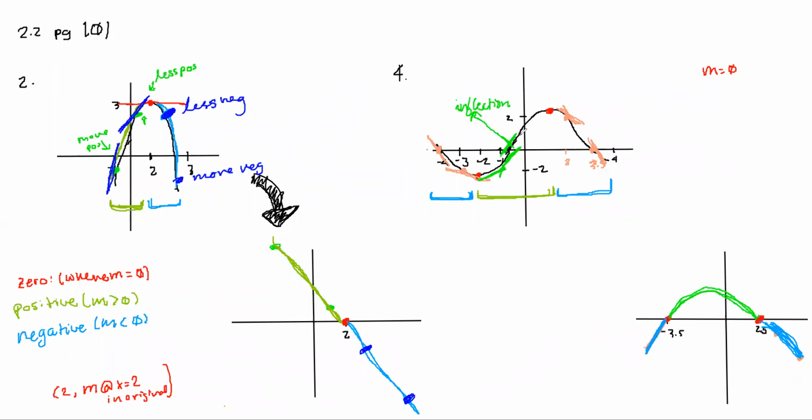Then this is the most positive slope, and then it gets less positive, up to the zero point. So this point right here is the inflection, where it is the most positive slope. We end up with something that looks like this.